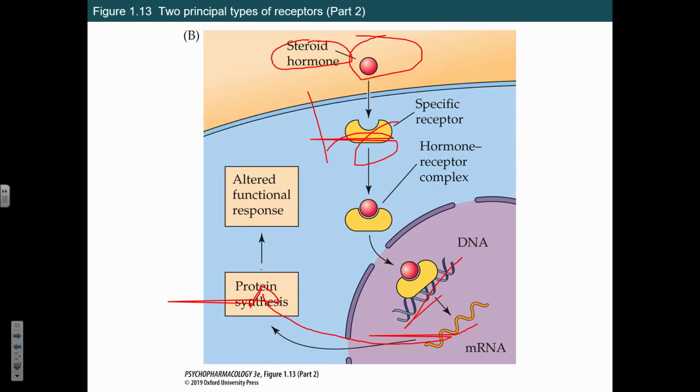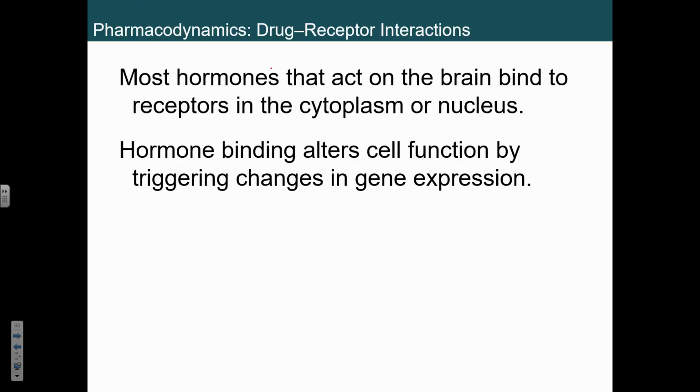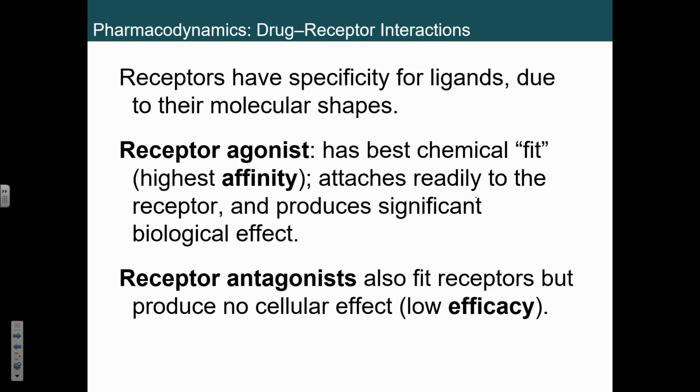So you can upregulate or downregulate protein synthesis using steroid hormones. That's the exception to the story that it always stays on the surface of the cell. Again, they'll get into the cytoplasm or the nucleus and change gene expression.